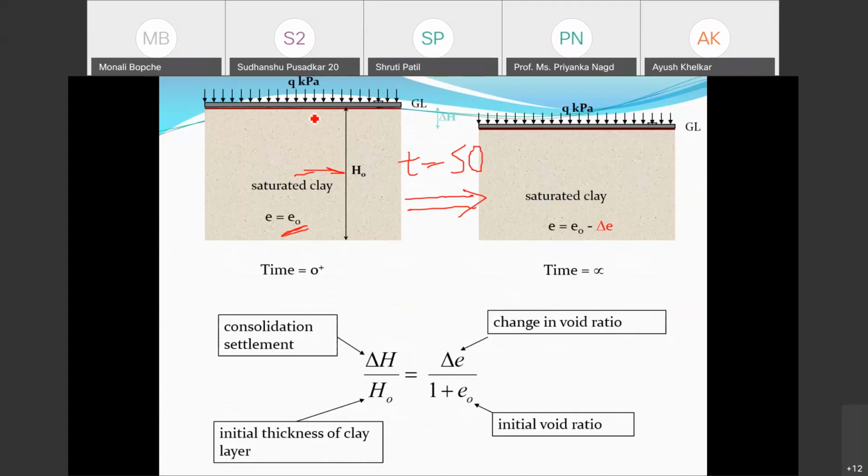This soil of thickness H0 will be compressed to a certain level, and this compression is delta H. So delta H is the change in the thickness of the soil layer.